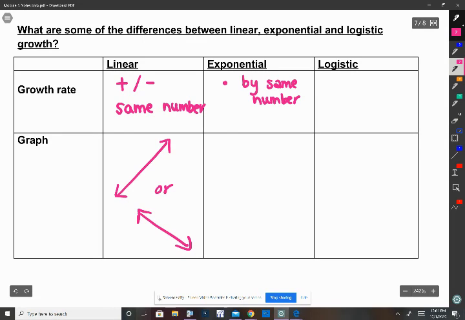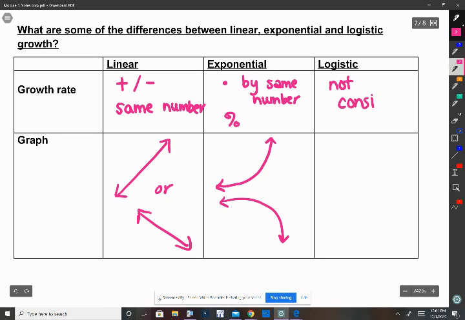When you look at an exponential function, you're timesing by the same number or taking the percent each time. It's going to go up or it could go down. Logistic doesn't have a consistent growth rate.